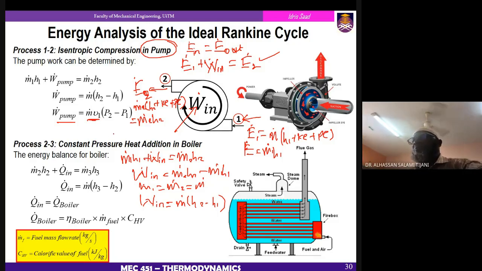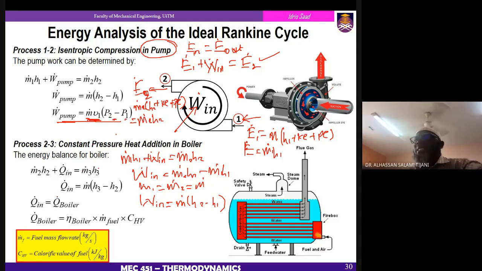Over here, we have to take note that the work input to a pump is the same as the mass flow rate times specific volume at state 1 times the change in pressure. So it means there is a low pressure and this is the high pressure.